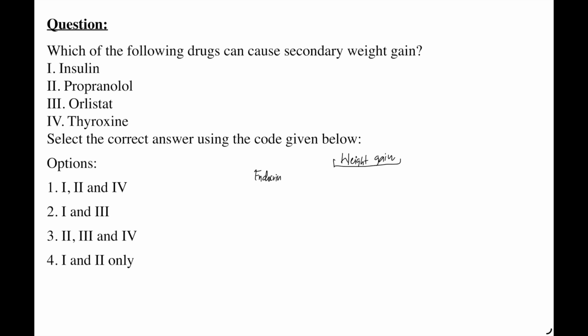So what kind of endocrine causes do you expect? In diabetes mellitus, usually type 2, with insulin resistance, we all know insulin is adipogenic. Please remember this. Whenever there is excess insulin in the body, this leads to weight gain. That is the reason in type 2.